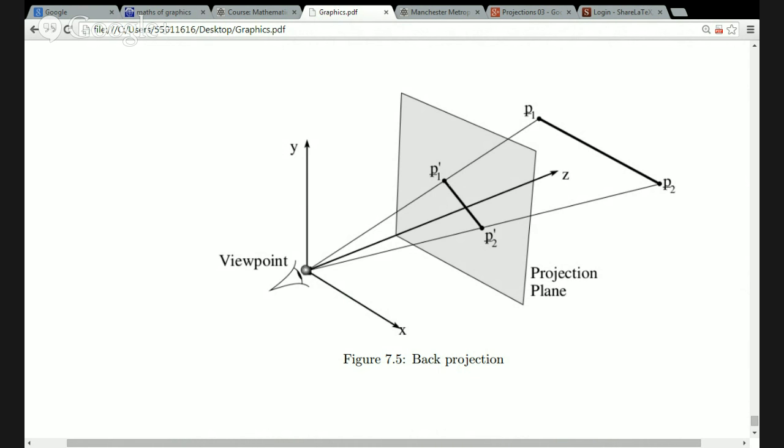This is r, a general position vector on the line. It's made up of the vector P1, so you hop from the origin to P1, and then you go some multiple mu along the vector P2 minus P1. But P2 minus P1 is just the vector joining the point P1 to P2, so it's the direction vector of that line in the environment. So mu is a parameter here, just some real number.